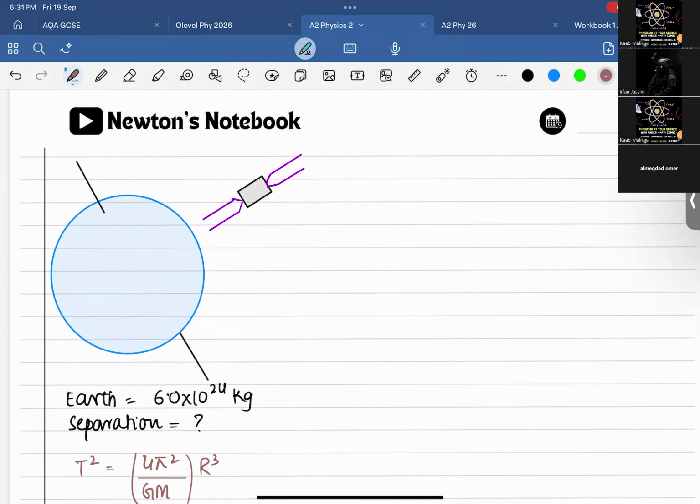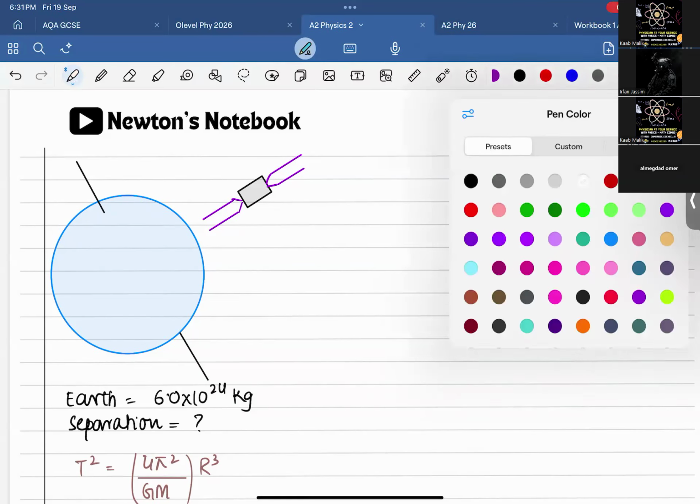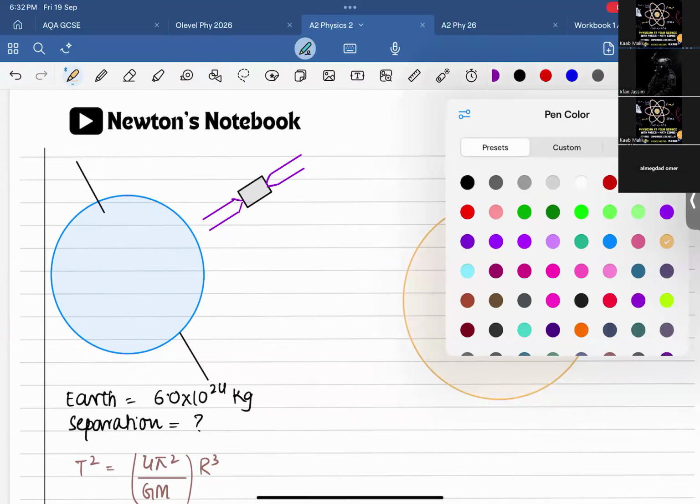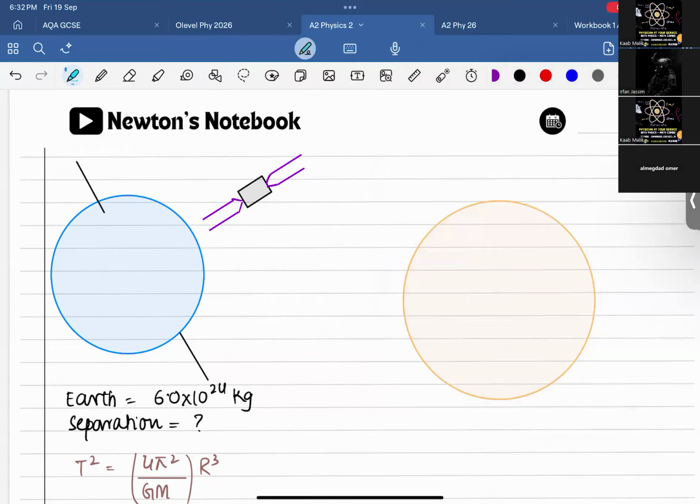So let's say I have the sun, okay, this is the sun, and two of its planets. I'm just making another question.